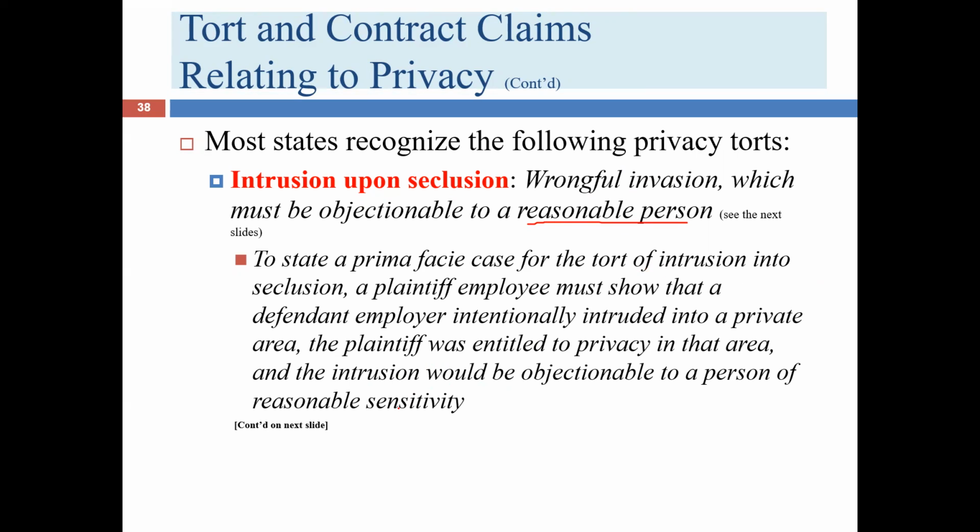If you've ever heard about paparazzi bothering rock stars or actresses by following them around to places and maybe sending in drones with cameras into their private areas, and then the rock star, the singer, whatever, sues about it, they're probably suing under an intrusion upon seclusion theory.